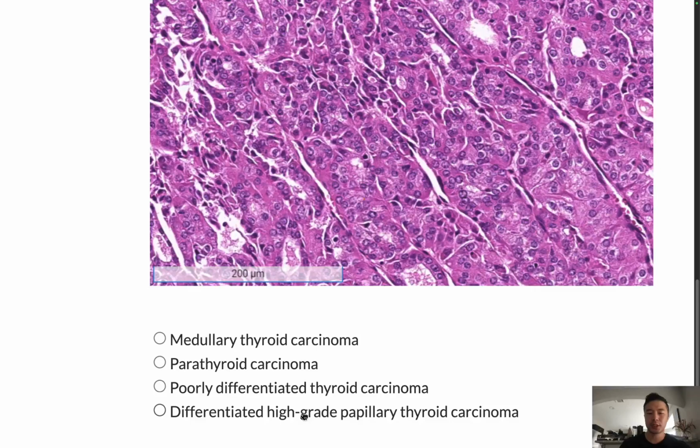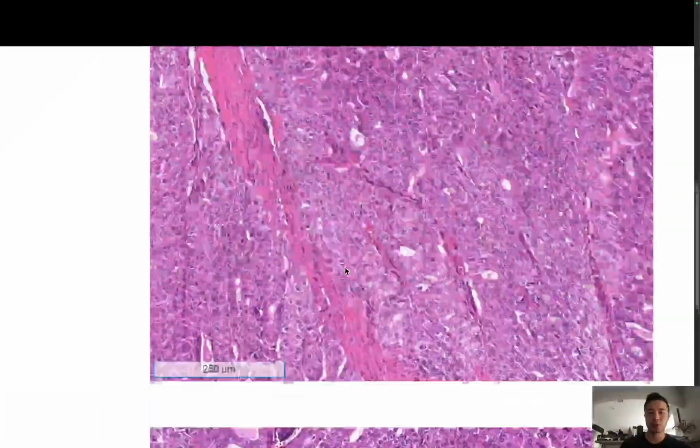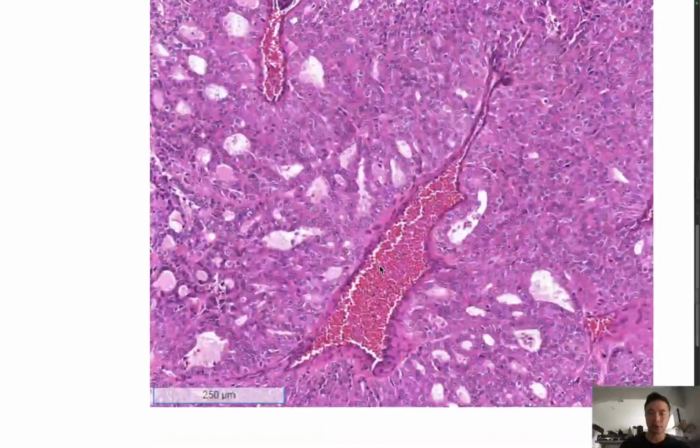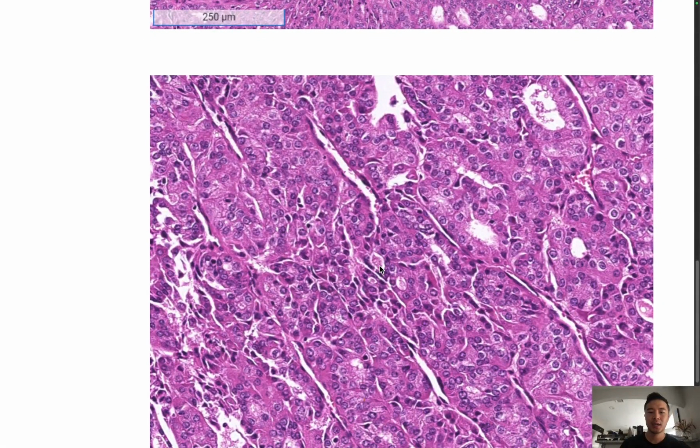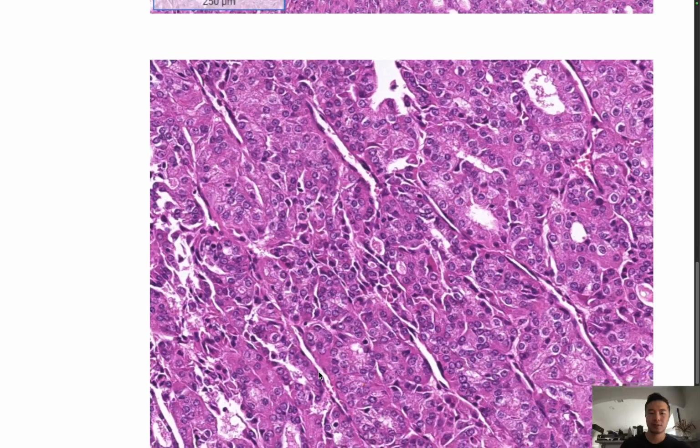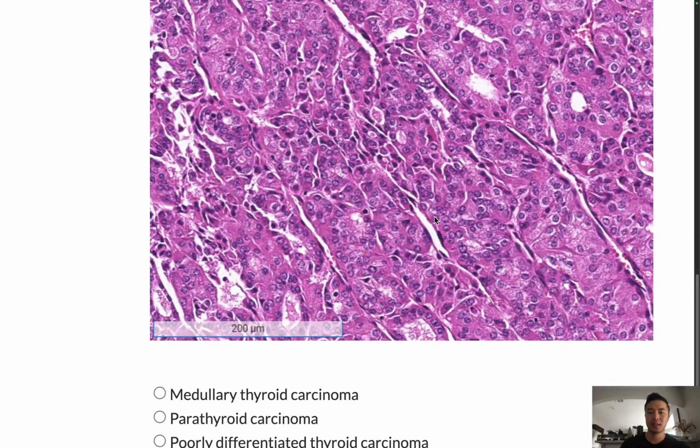So poorly differentiated thyroid carcinoma happens when you fulfill the Turin criteria. You need, number one, solid trabecular architecture, which we see here. Number two, you need absent PTC-like nuclear features. And I would argue that we do have some features that resemble PTC.